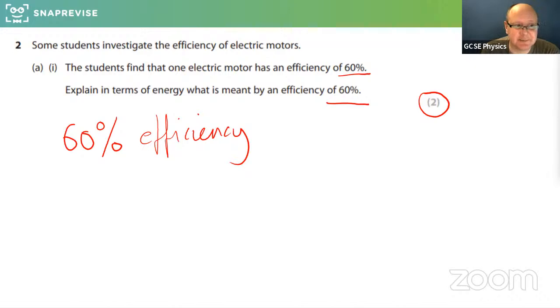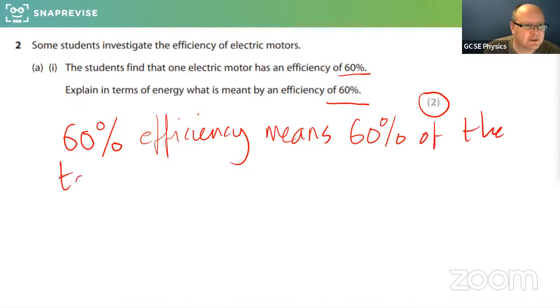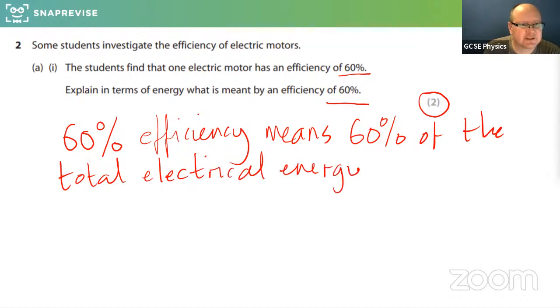So 60% efficiency means 60% of the total. It's an electric motor, so I'm going to mention electrical energy. 60% of the total electrical energy input is transferred into what's the useful energy output of a motor?